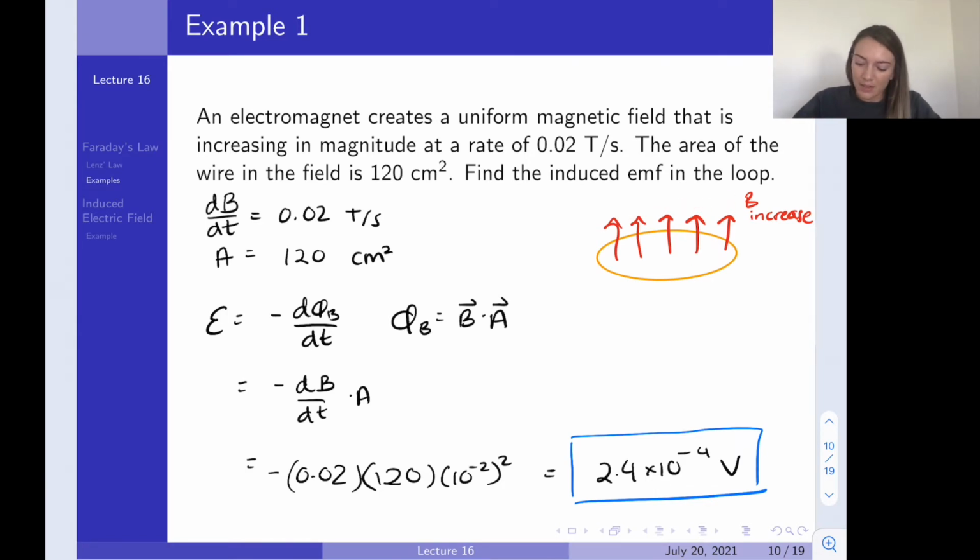So if the magnetic field is increasing, that means that we're going to want to induce a magnetic field that's going downward, because we want to try to offset that increase in the magnetic field. So if we want to induce a magnetic field that's in the downward direction, we're going to have to have an EMF that is clockwise, right? So I put my thumb in the direction of my induced magnetic field that I want, and then my hand is now going in the clockwise direction. So I'm going to have an EMF induced in this direction.